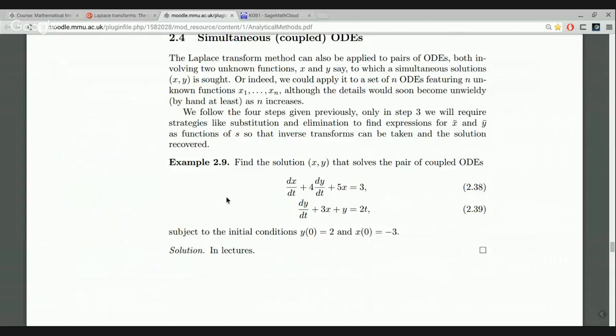So in principle, if you had n unknown functions and n coupled ODEs describing those solutions, if there is a simultaneous solution to that system of equations, and each equation is of this type, which is susceptible to the Laplace transform method, so linear with constant coefficients, and maybe the term in each equation which is independent of any of the unknown functions, as long as that function has a Laplace transform, in principle then that method should allow you to obtain the solution to the system, if such a solution exists.